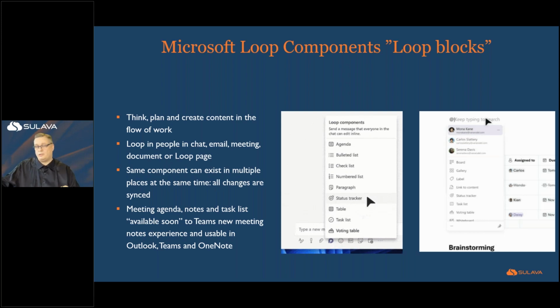So you will copy the link, write the email, paste the link into the email, it will unfurl, and that person can fill in their ideas directly in the same Loop component, which is synced to every place where that Loop component is being shown. So that's the magic thing there. Wherever people are making those changes, it's going to sync to every place.